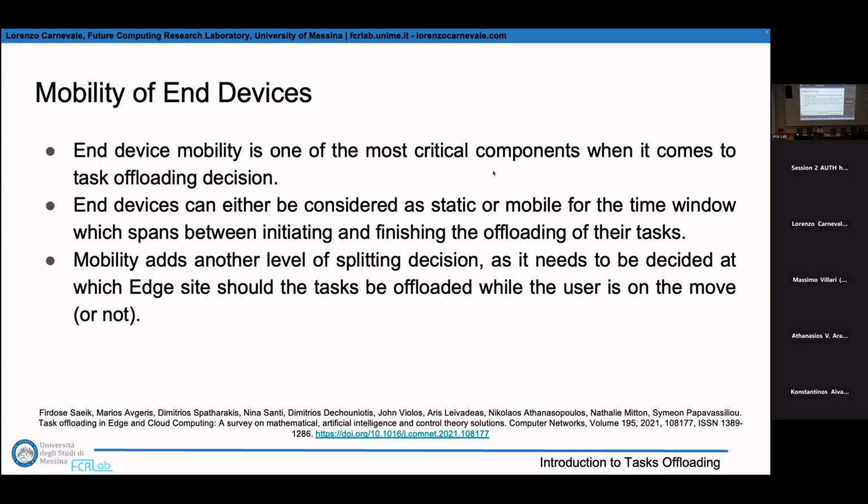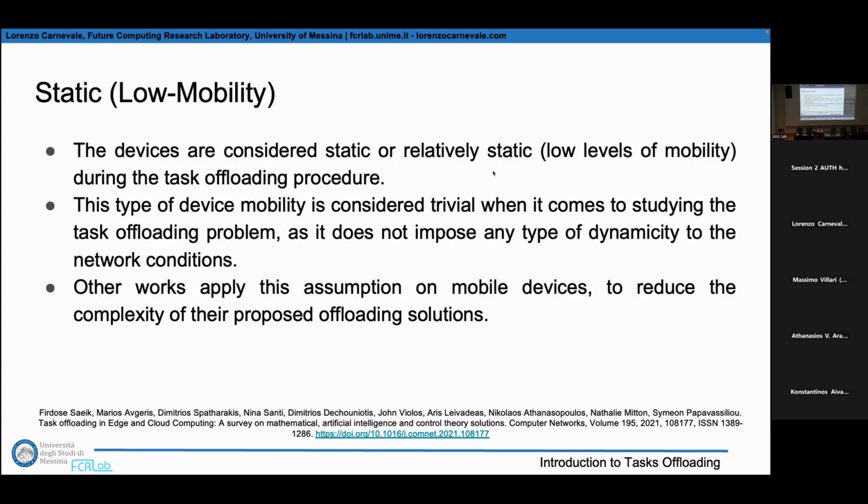Then we need to understand whether, in the amount of time between the starting point and the ending point of the movement of this car, we can offload the task to one single edge site, or the computation should be offloaded into different edge sites. Or still, it's important to understand if the amount of operations that we need to offload is maybe too much, so we need to offload a smaller amount of operations.